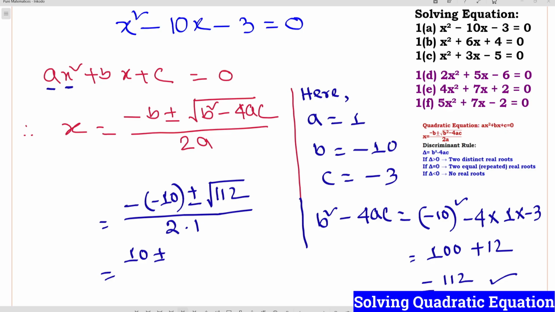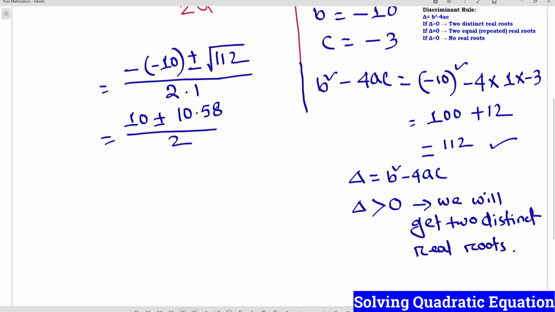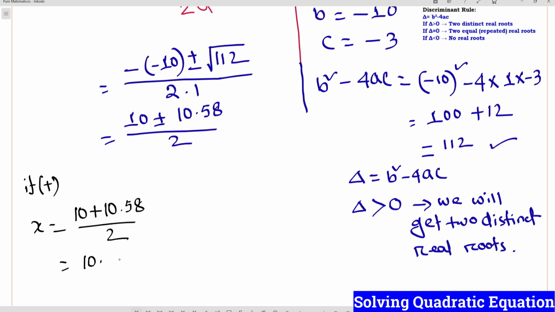We can write this as 10.58, divided by 2. Now look, if positive, x equals 10 plus 10.58 divided by 2, so the result will be 10.29.